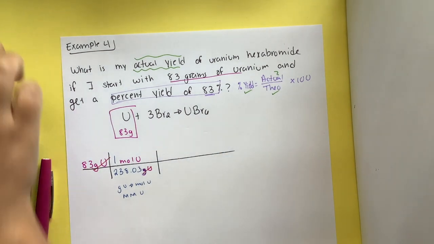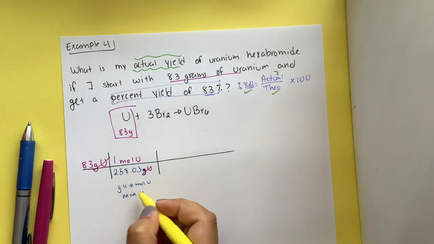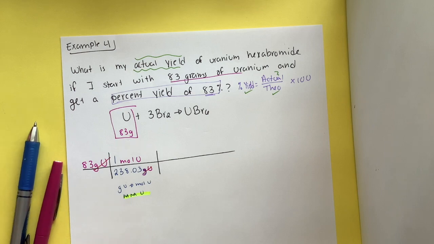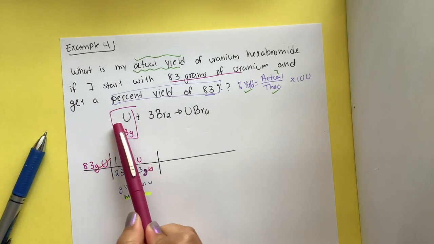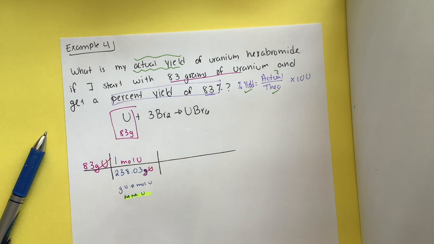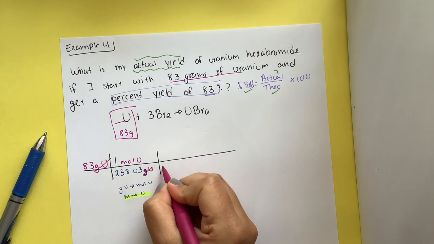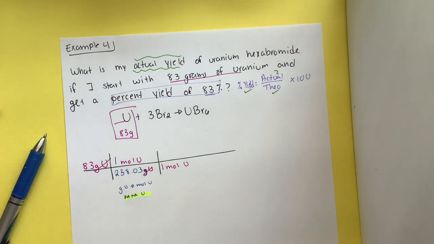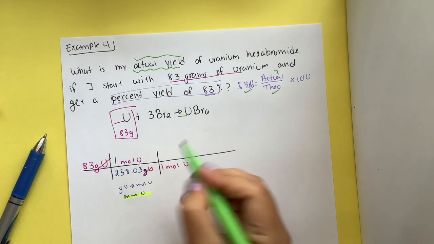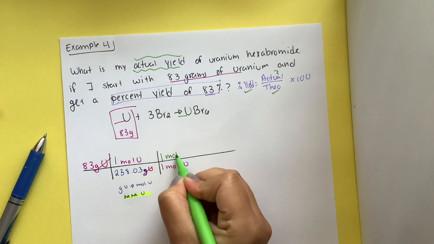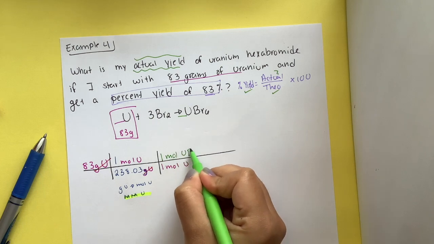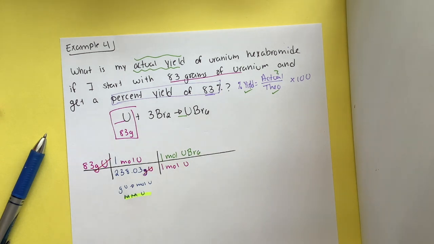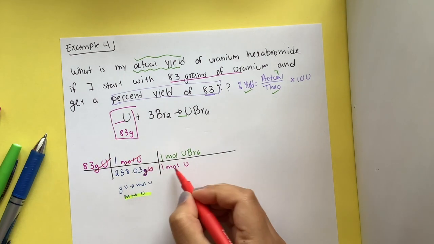So now that I am in moles of uranium, I can use the mole ratio to jump from one to the other. I have 1 mole of uranium for every 1 mole of product, 1 mole of uranium hexabromide, UBr6. Here my moles of uranium cancel out.